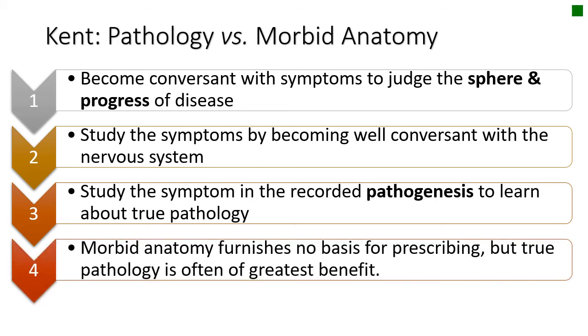And lastly, he makes it very clear that morbid anatomy is not pathology. Morbid anatomy is something that you see in a morgue or a house for the dead, whereas true pathology is the response, or the adaptive response, of a living person with an active life force.